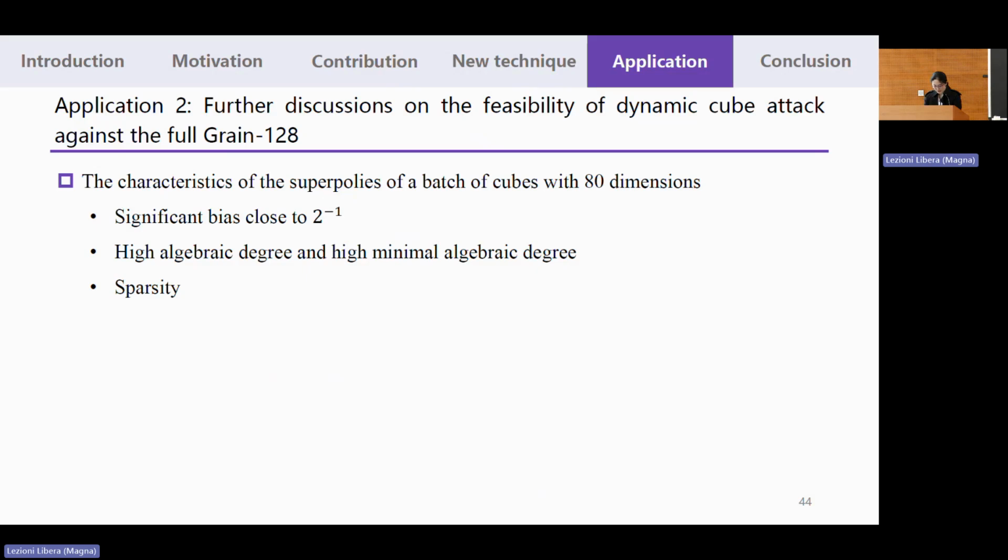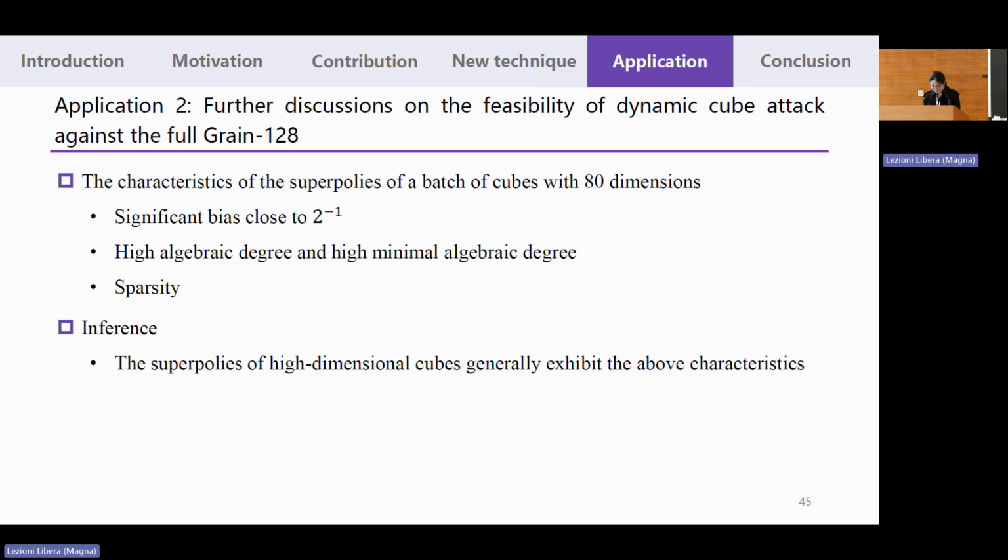As a result, we successfully recovered the superpolies of a set of cubes with 80 dimensions. We observe that all the recovered superpolies have nullification bias close to 2^-1, along with both a high algebraic degree and a high minimal algebraic degree. Additionally, these superpolies are very sparse.